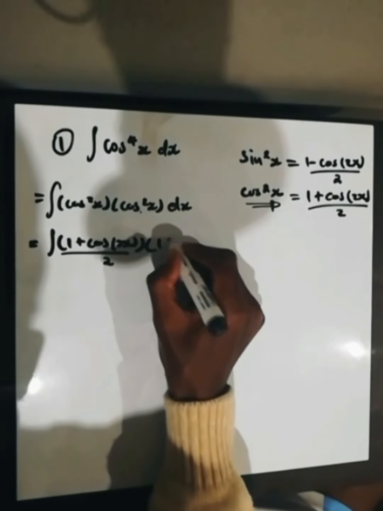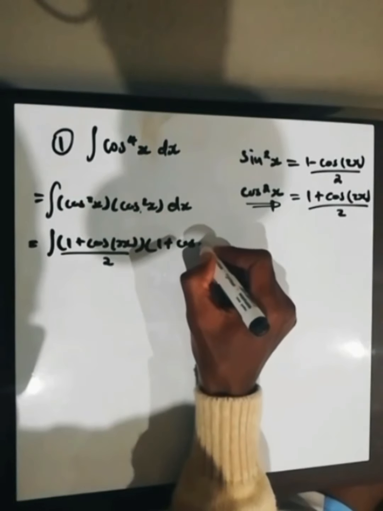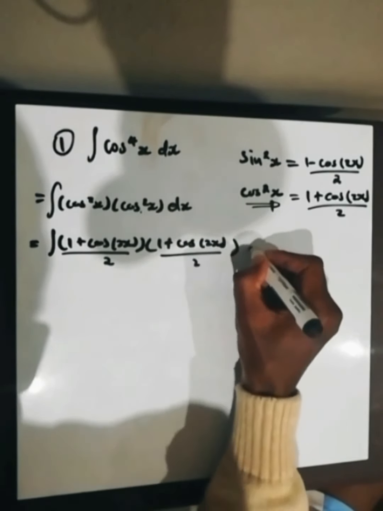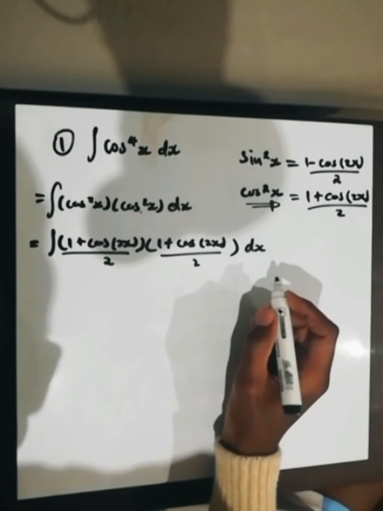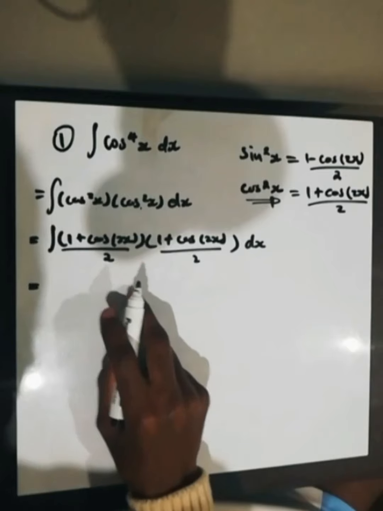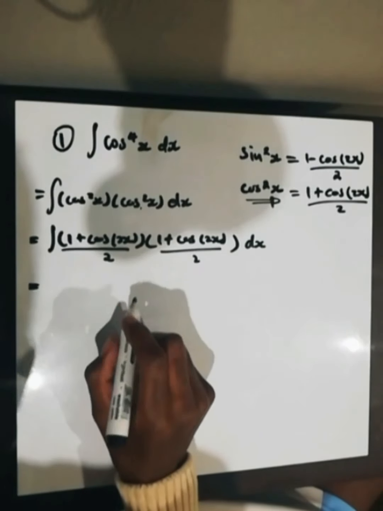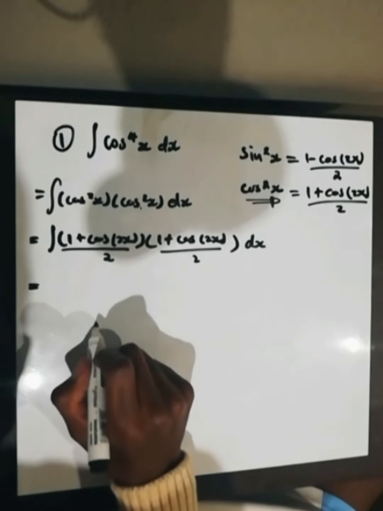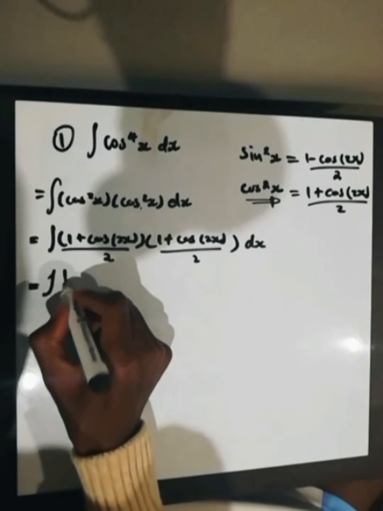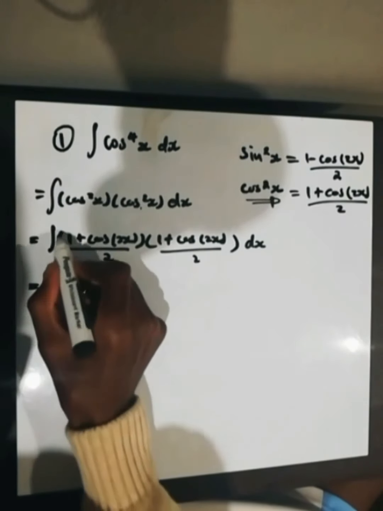The same with this one, 1 plus cos 2x all over 2. This is integrated with respect to x. Now let's multiply these two brackets. We multiply 2 and 2, we get a 4. We can now take that 4 to the front and say we're going to have 1 over 4 here, because there's a 1 here.